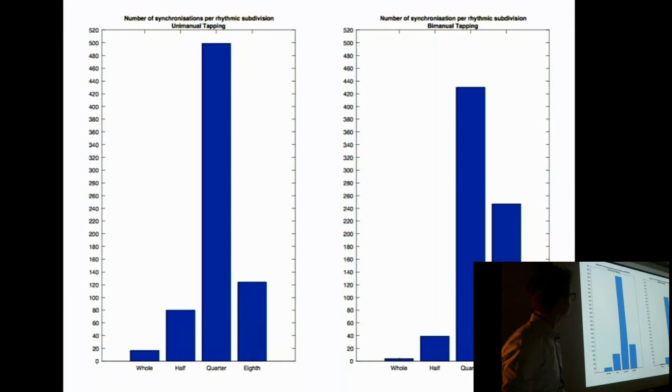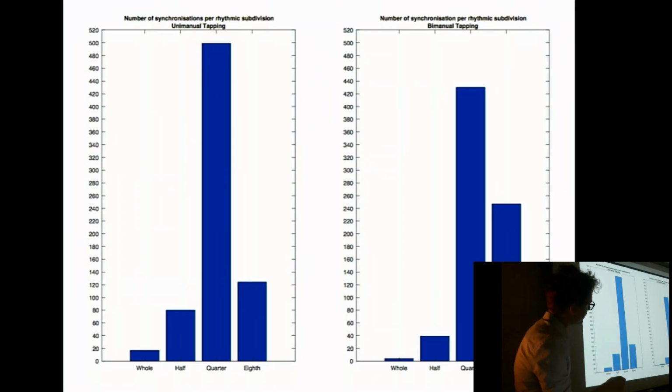So first of all, these bar charts show the number of synchronizations per rhythmic layer in unimanual mode and bimanual mode. As you can see right away, the great majority of synchronizations are on the quarter note level, in both modes.